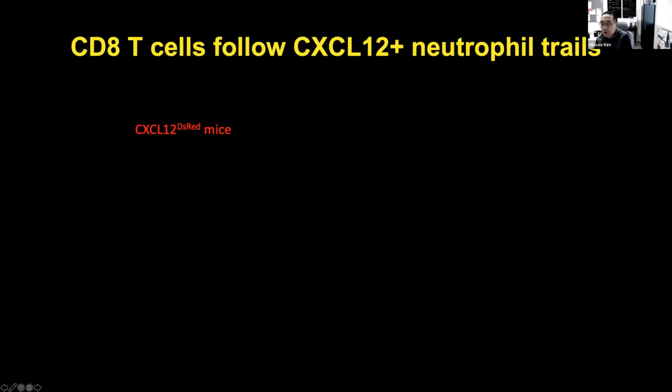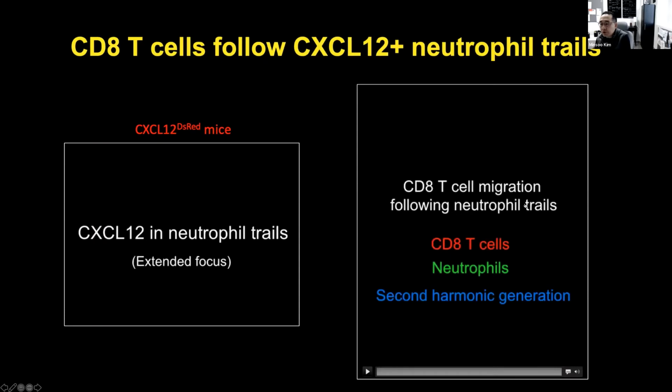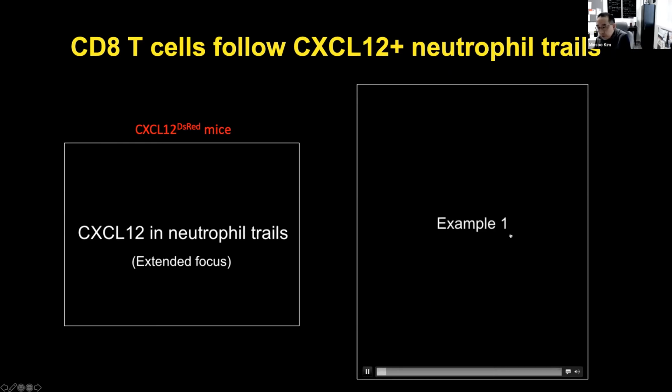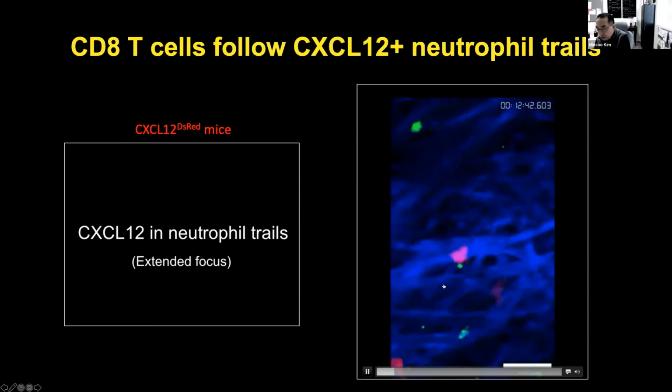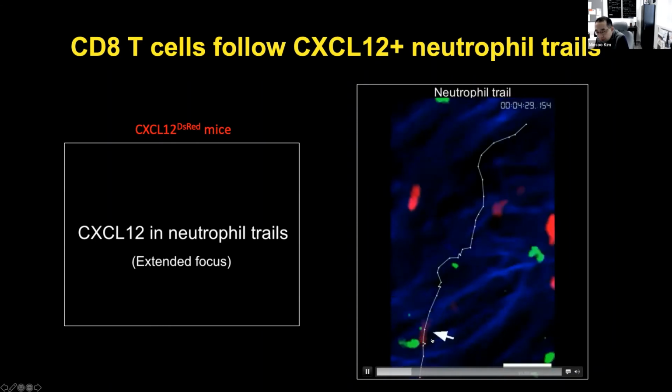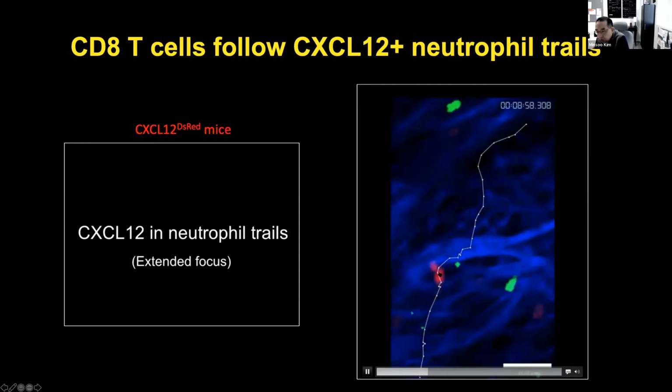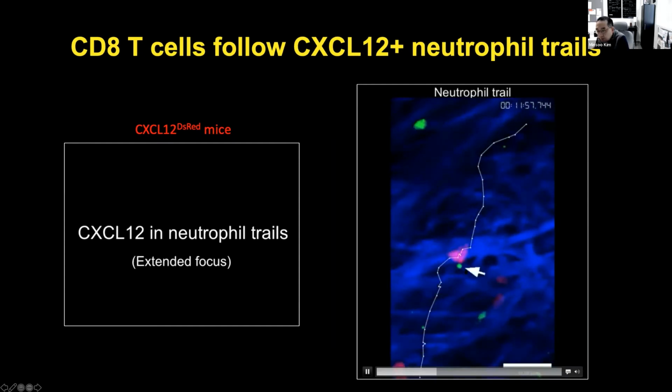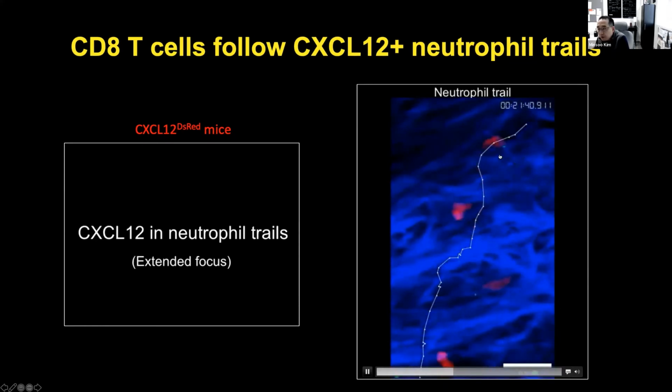To directly answer that question, we wanted to visualize T cells and neutrophils simultaneously in an inflamed tissue. You see the red T cells and green neutrophils in inflamed ear tissue. And the neutrophils have already left multiple particles behind. If you look at the specific T cell in this case, it touched the first neutrophil particle here, then comes directly to the second neutrophil particle here, and then this T cell migrates directly to the third neutrophil particle here.